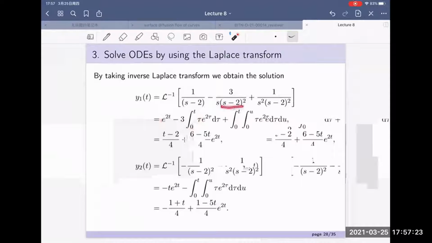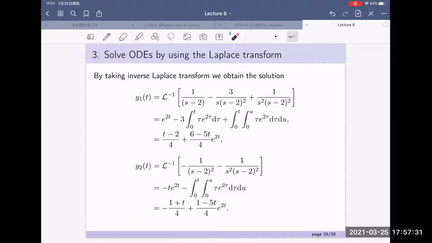Okay, then this term appears directly in the table. So it is t actually. So inverse Laplace transform of 1 over s squared is t. Or you can say Laplace transform of t is 1 over s squared.